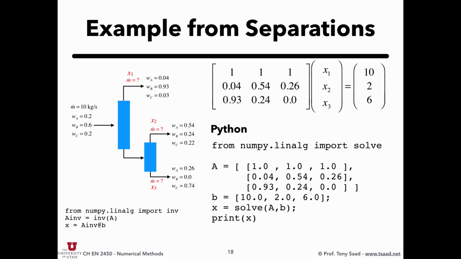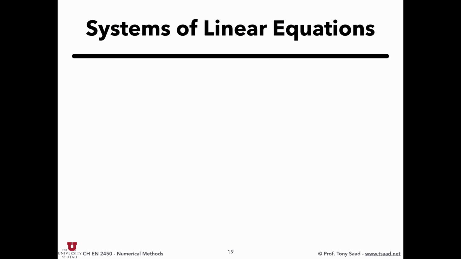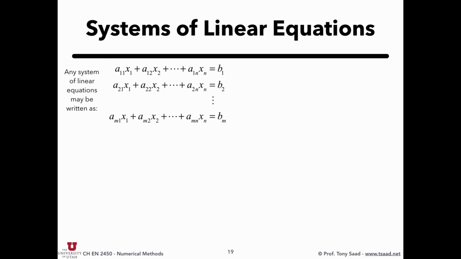Now let's generalize to systems of equations, and what I'm going to do here is write a very generic system of equations, but behold, I'm going to change nomenclature a little bit. Rather than using x, y, and z, I'm going to follow the nomenclature we used with the separations example, use x1, x2, and so on.